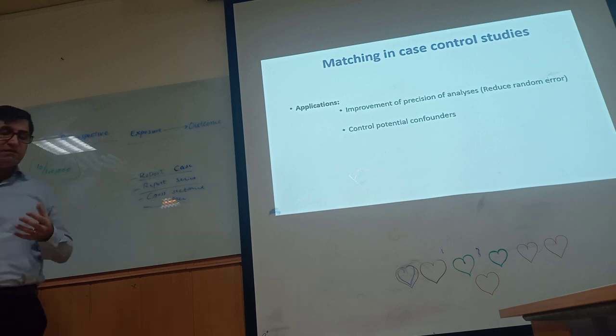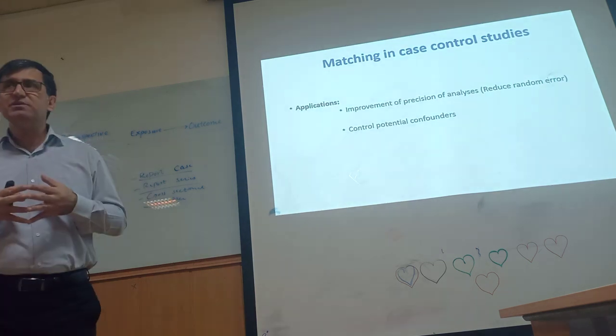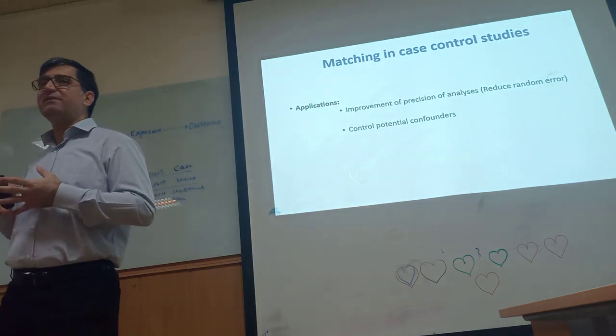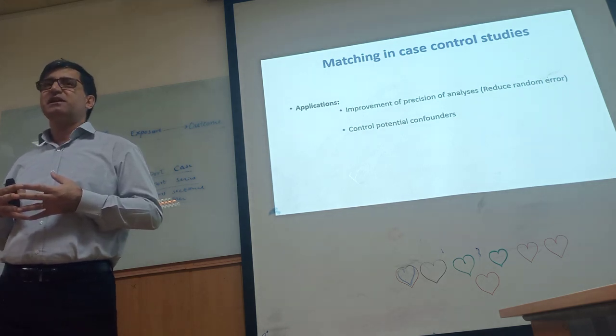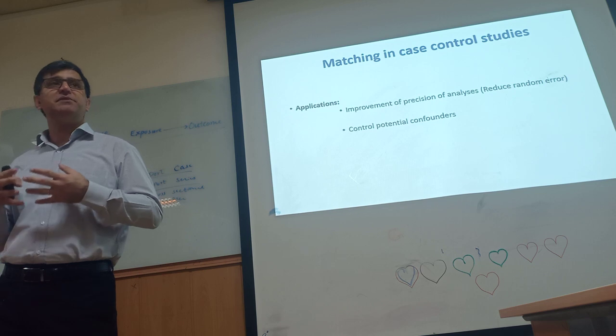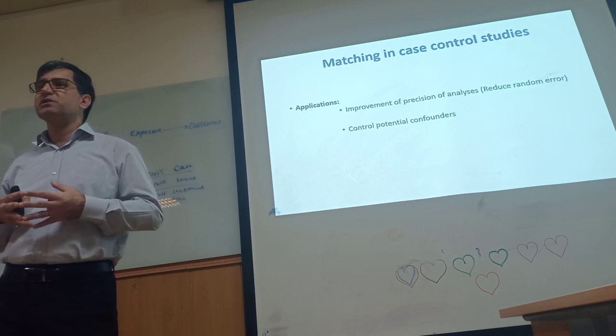Okay? For example, age, sex, and race are very important confounders that can confound every association.